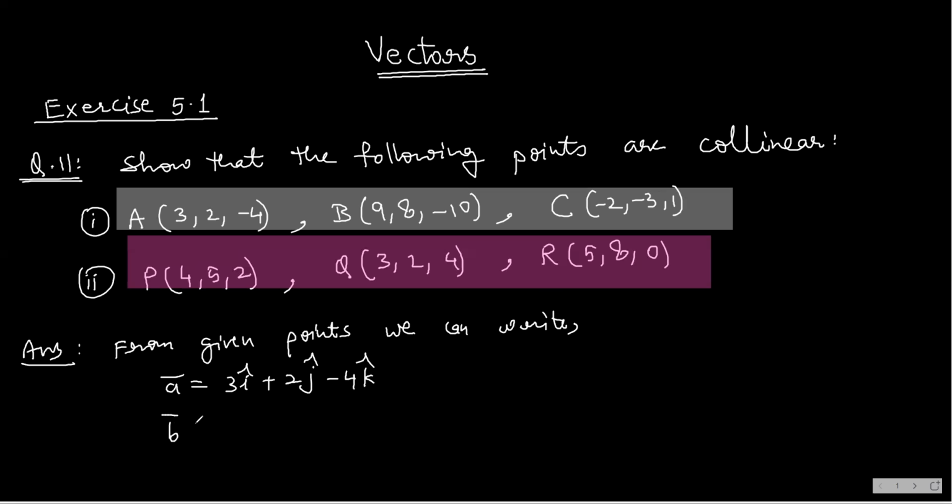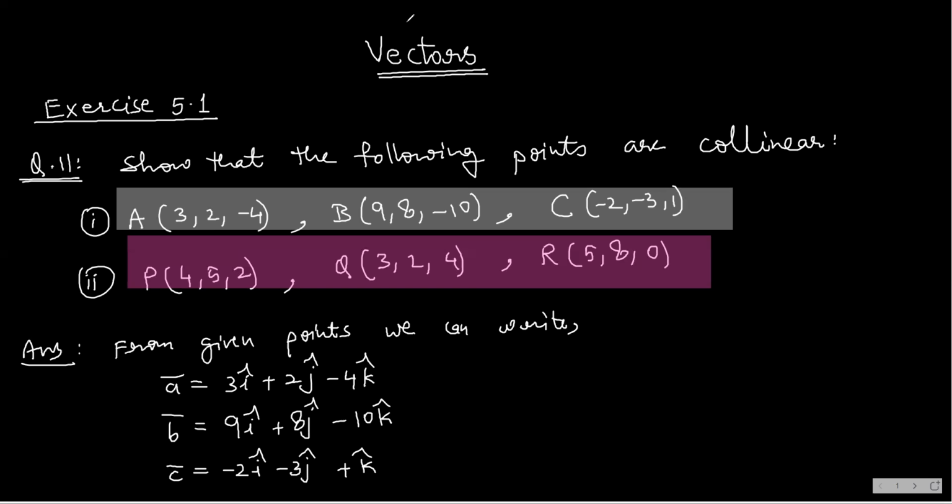Then you will write B bar equals 9i cap plus 8j cap minus 10k cap, and C bar equals minus 2i cap minus 3j cap plus k cap. Okay, so we got A bar, B bar and C bar.